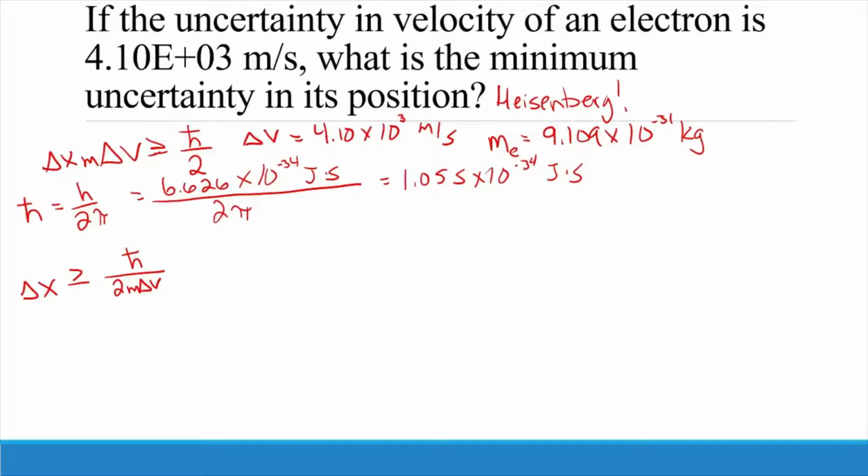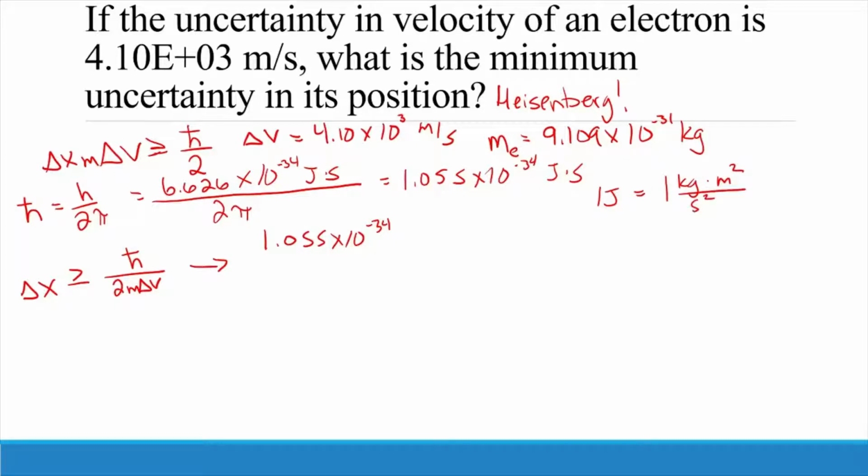And so then we can plug and chug. Since we solved for h bar, we have 1.055 times 10 to the negative 34th. And a joule, just to show you, is 1 kilogram times meters squared per second squared.